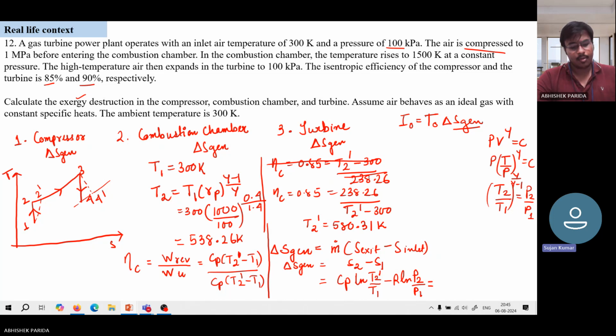That itself is around 579. Okay. There might be some mistakes. That's why I'm just telling the T2 dash process. I'm going to get T2 dash something higher than 580. Okay, understood, no problem.